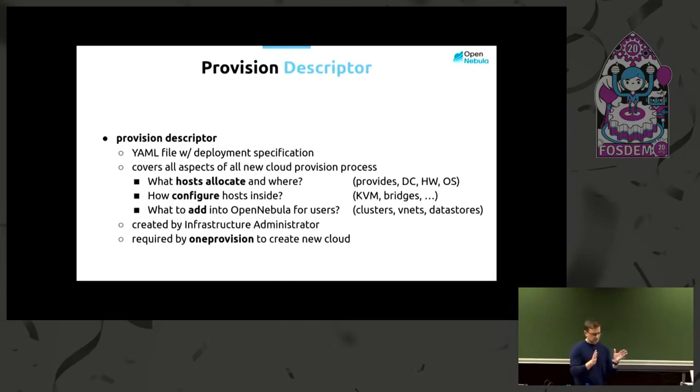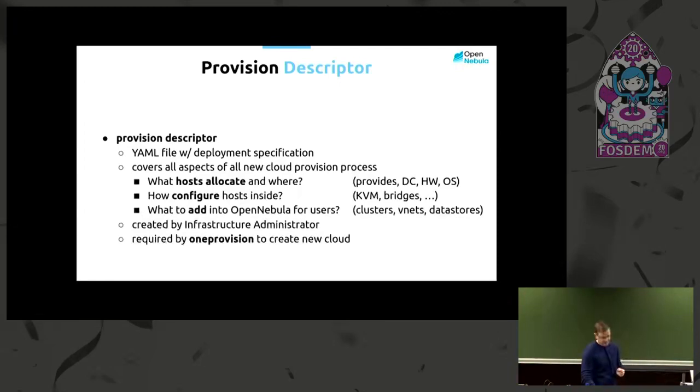That's what the user or cloud administrator usually gets, but he has to do something. He has to write a provision descriptor which exactly specifies what provider to choose, what the credentials for the provider are, what hardware configuration to use for the machines, what to create inside OpenNebula, what data stores, virtual networks, and so on, and also how to configure the hosts inside.